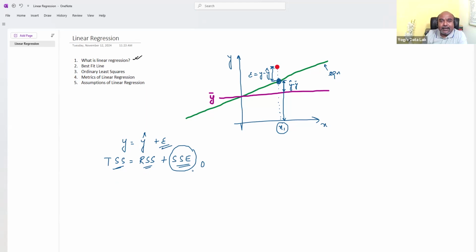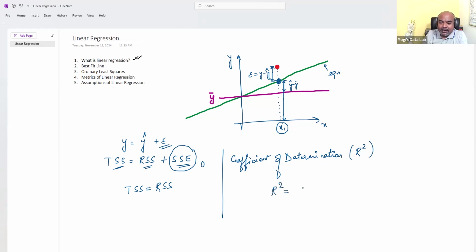So whenever my errors are 0, my TSS equals RSS. This gives birth to a concept known as coefficient of determination, which is known as R square, and R square is defined as RSS divided by TSS.